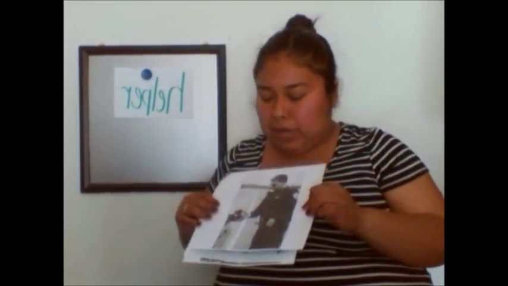So you're going to get to your group and look at the picture. Everybody in your group gets to look at the picture, okay? And everybody in your group is going to think and talk about what they see in the picture, what kind of helper it is, what they do, and where you see the helper, okay?